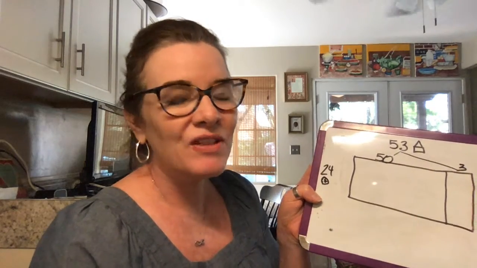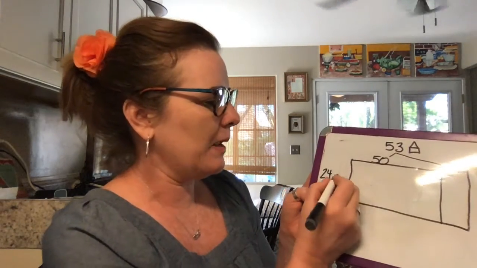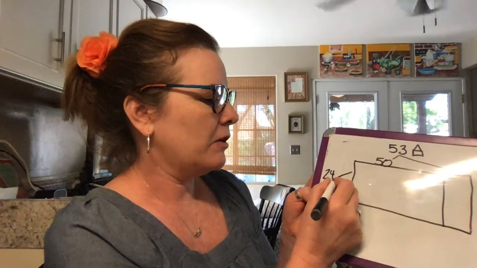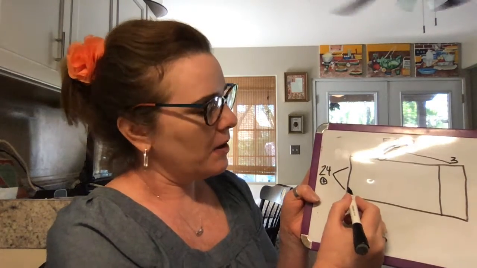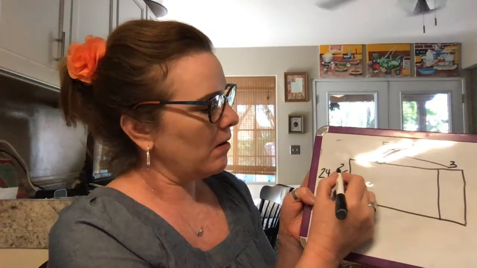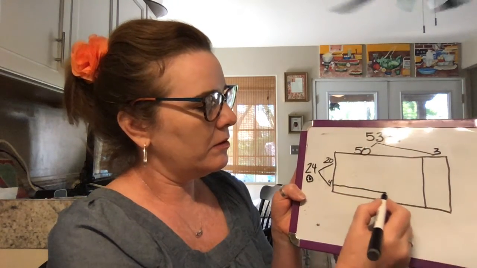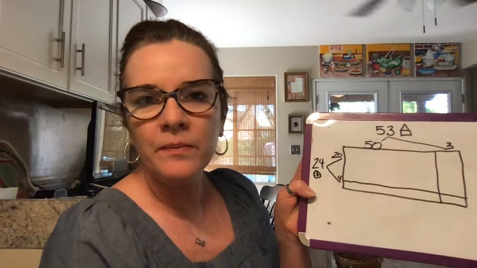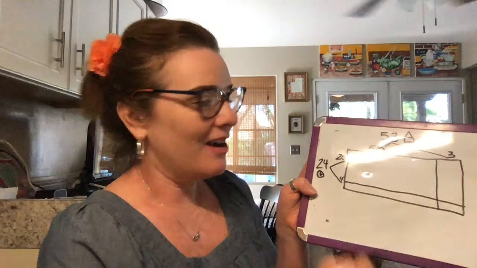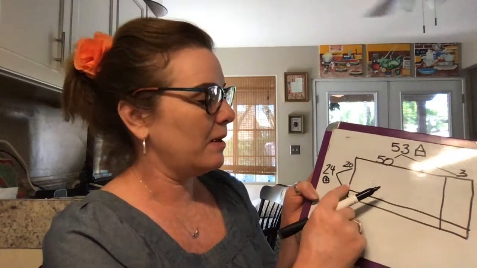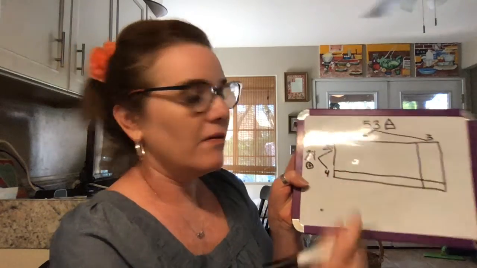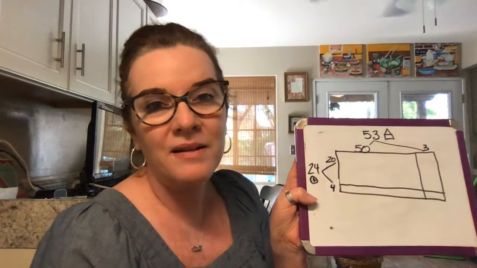But sometimes 50 times 24 is a little tough, so why don't I just break it apart? Now watch what happens. I'm going to have 20 up here and 4 here. There goes my array. Yeah. All right, so now I've got length times width for all of these 4 boxes.